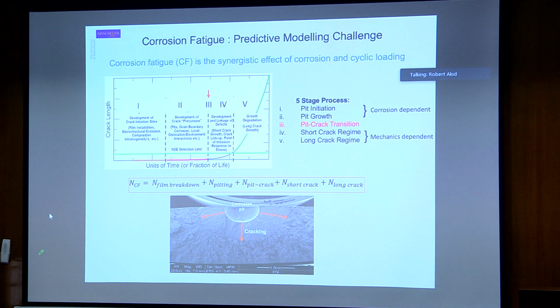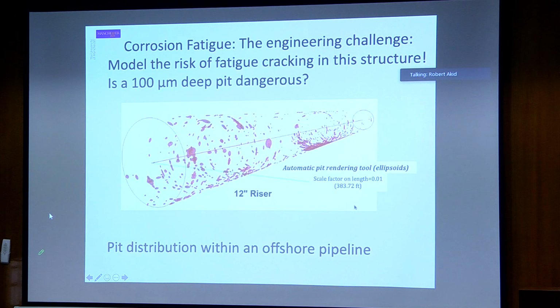And if we want to determine the number of cycles for that process, we need to include all the cycles that are involved in film breakdown, pitting, a pit to crack transition, short crack and long crack. And the specific challenge here is to define what size of defect would be considered dangerous.